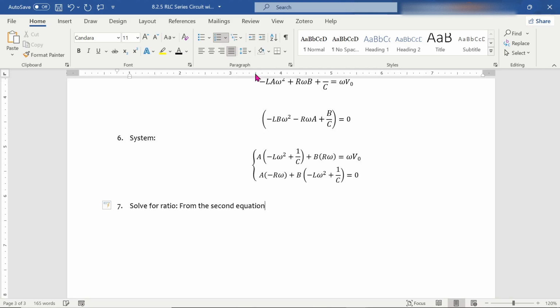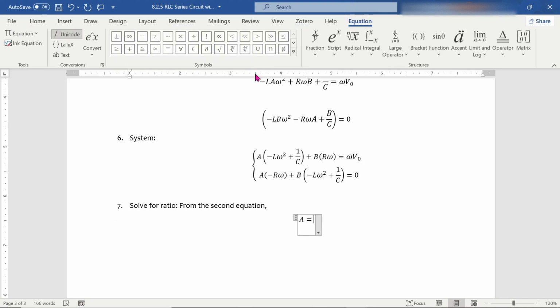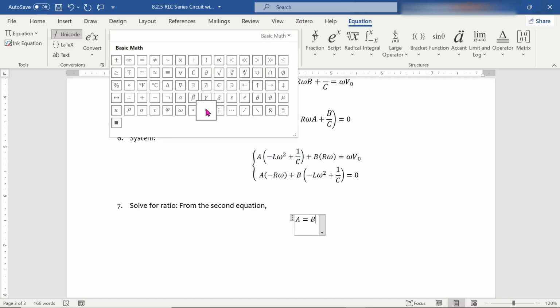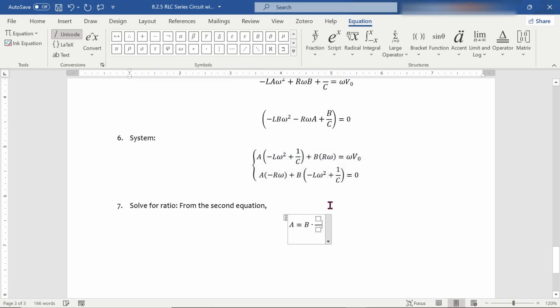From the second equation, we can immediately see that A is equal to B times negative L omega squared plus 1 over C, over R omega.